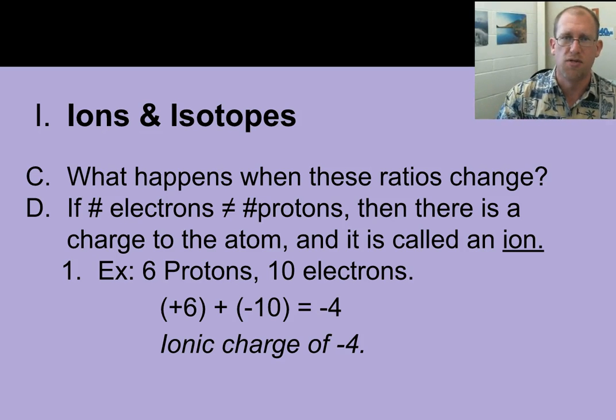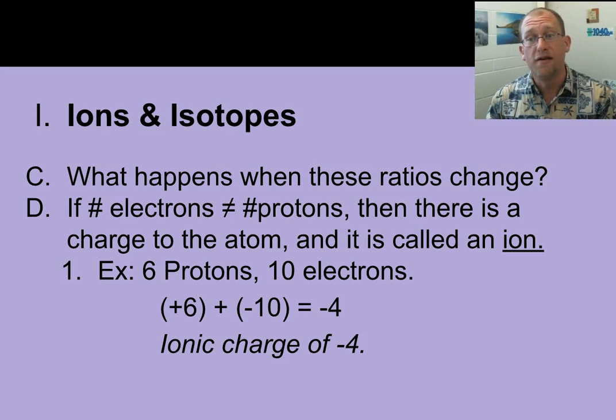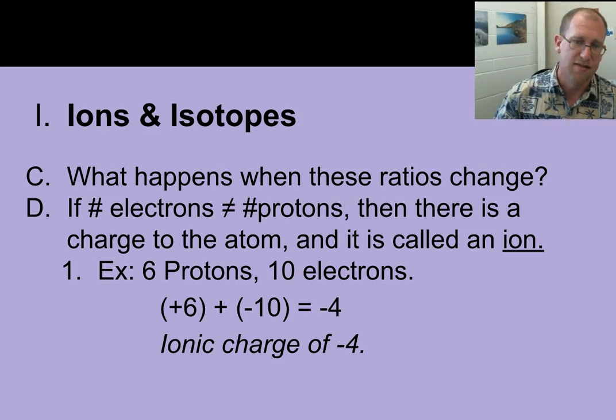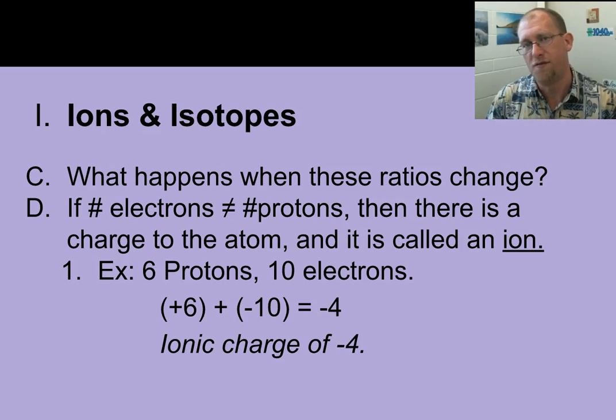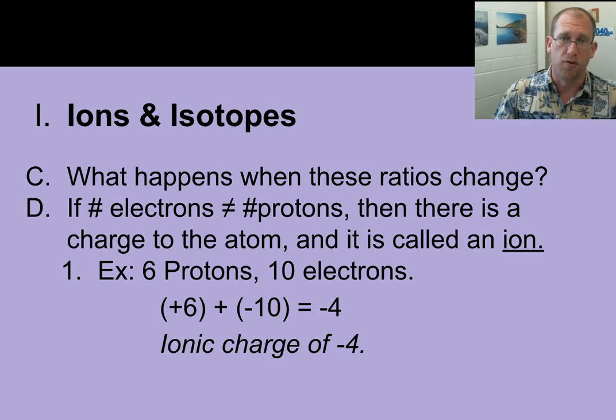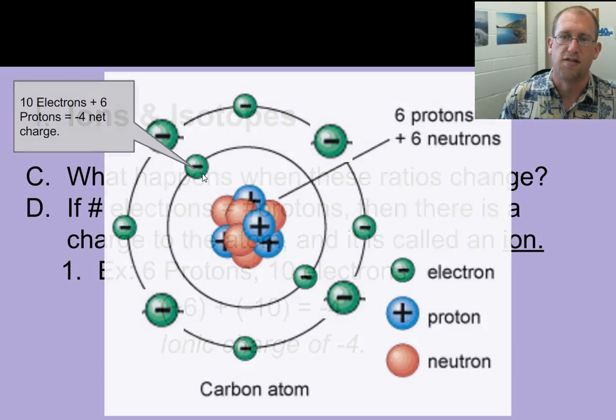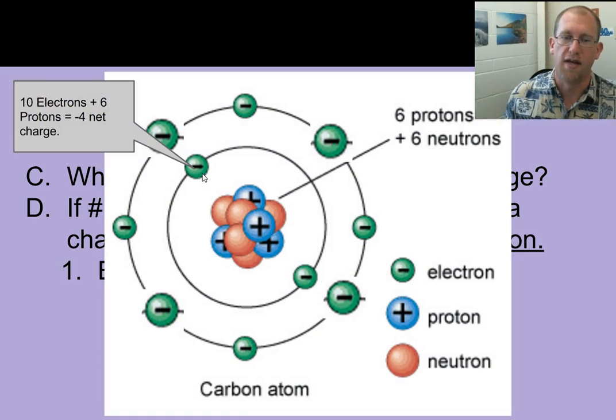If you had 6 protons, you have a positive 6 charge. If you have 10 electrons, you have a negative 10 charge. 6 plus a negative 10 is negative 4. So that carbon atom would have a charge of negative 4, and it would be an ion. Anytime something is not balanced as far as its charges go, we call it an ion.